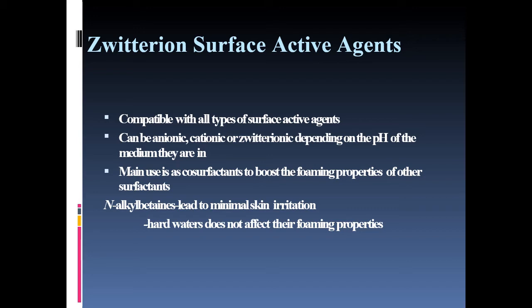Their main use is as co-surfactants to boost the foaming property of other surfactants. Zwitterionic surface active agents such as alkyl betaines lead to minimal skin irritation, and hard water does not affect their foaming properties.